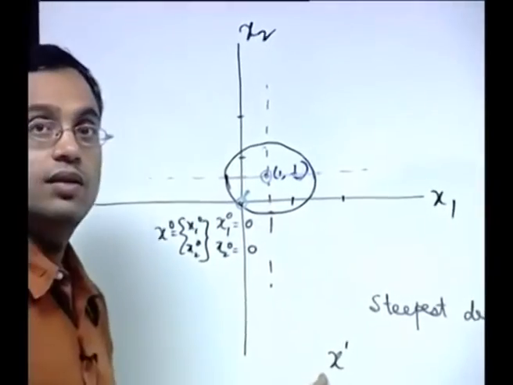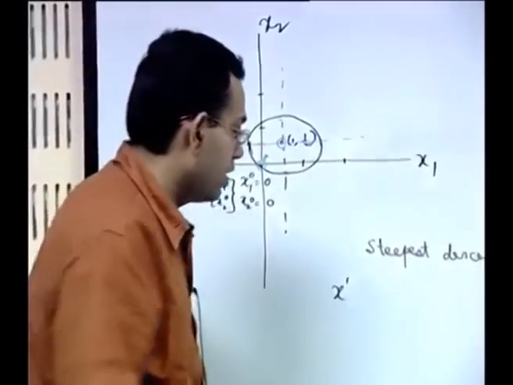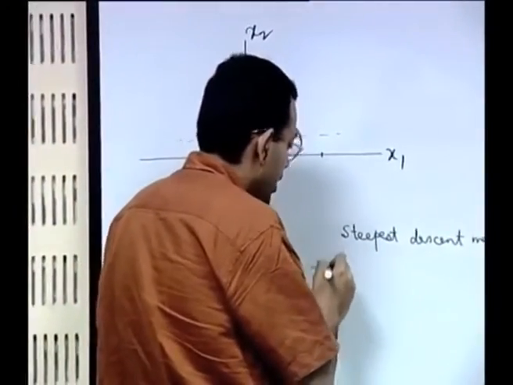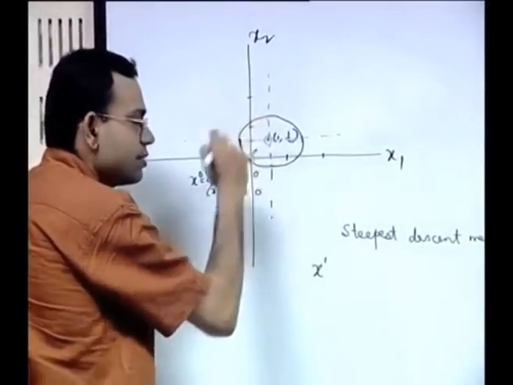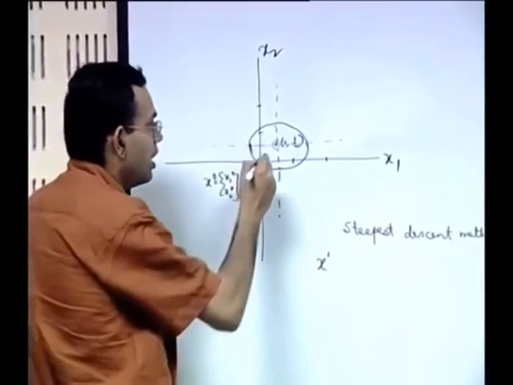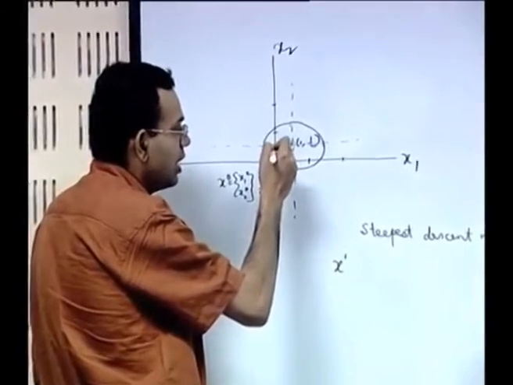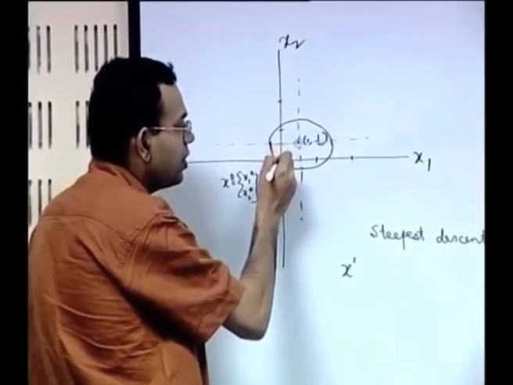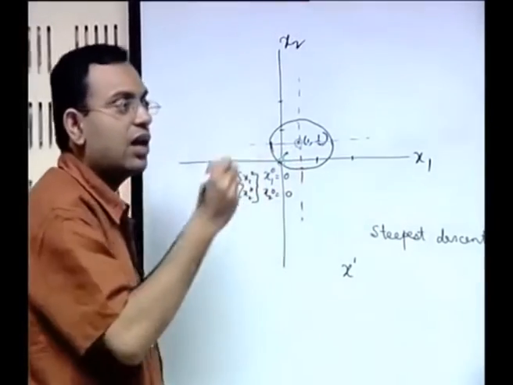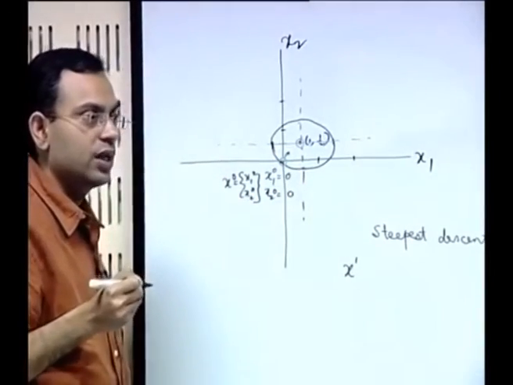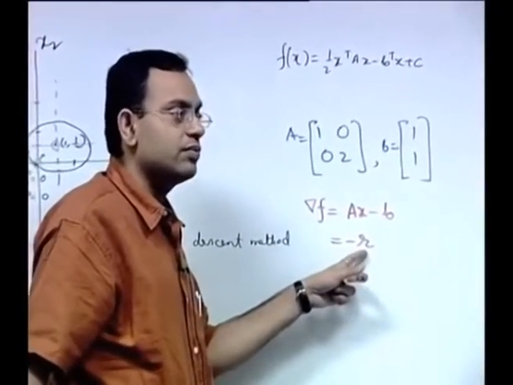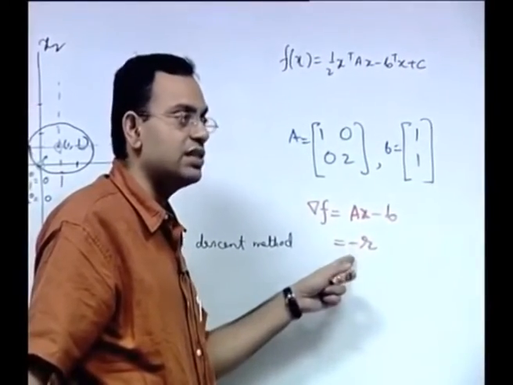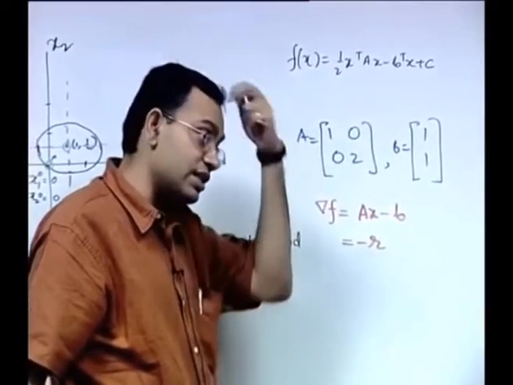Now x1 is a point in this plane, x0 is another point, and the direction from x0 to x1 is along the gradient of f. Gradient of f and r have the same direction, but of course opposite sense, but it does not matter because the direction is the same.